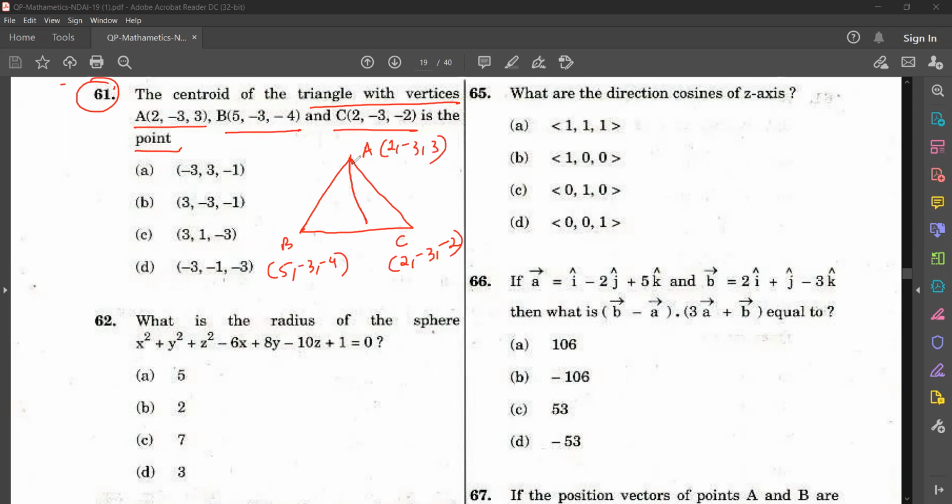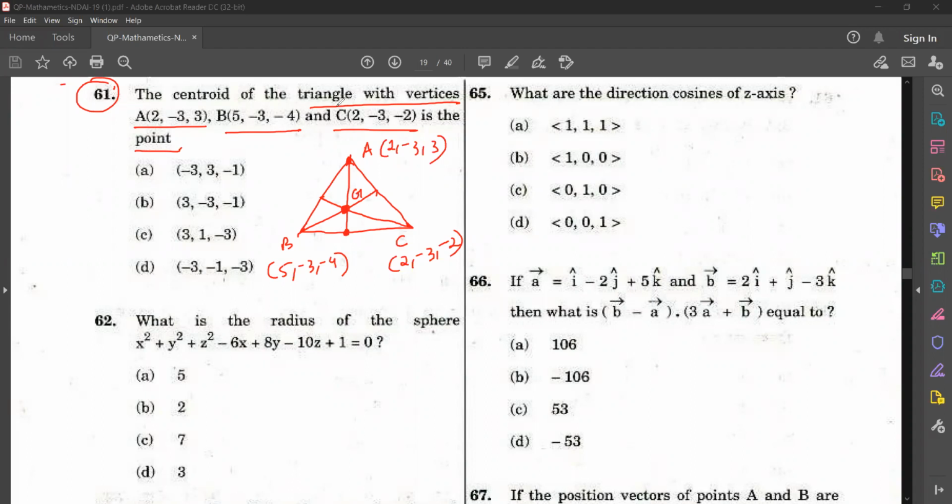Centroid is the point where the medians meet. Now what is a median? Median is the line joining a vertex and the midpoint of the opposite side. So this is one median, this is another median, this is another median. Centroid usually is denoted using the letter G.